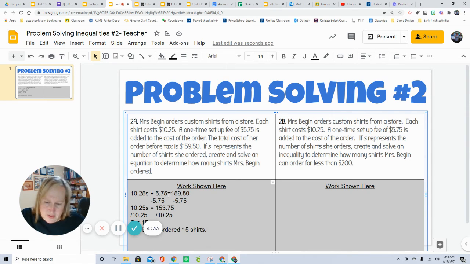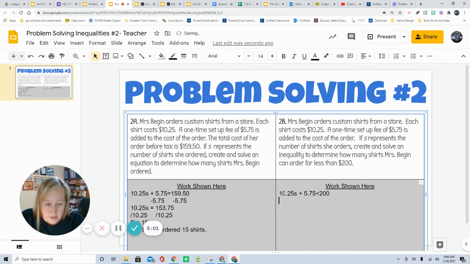So it's a little bit different, but this part is still the same. The difference is instead of it equaling 159.50, it's got to be less than the $200. I only have a budget of 200 bucks. That's all I can spend. So I can't spend $200.05. I can only spend the rest of it.